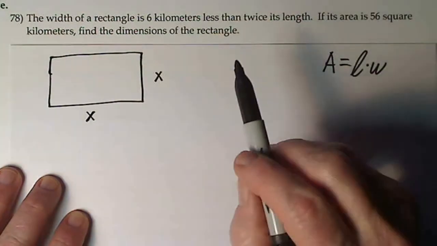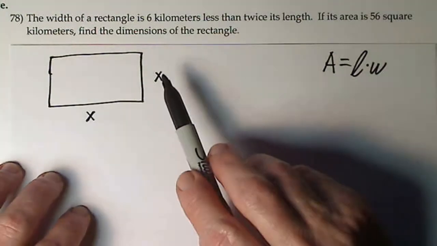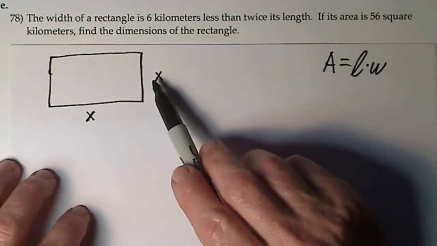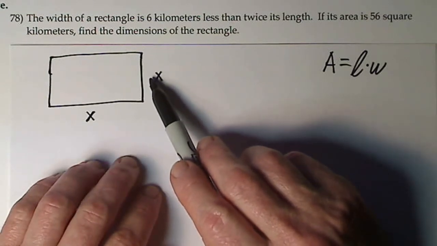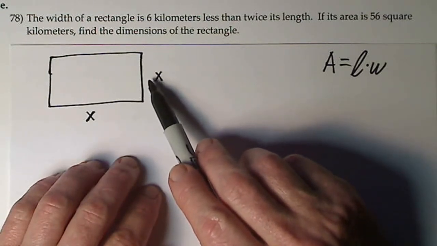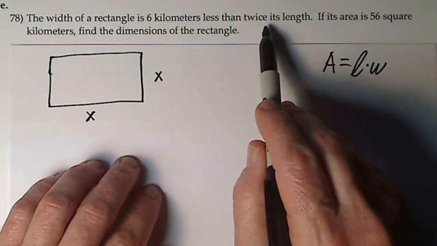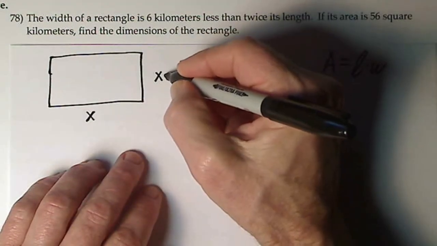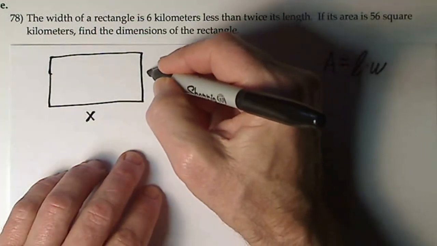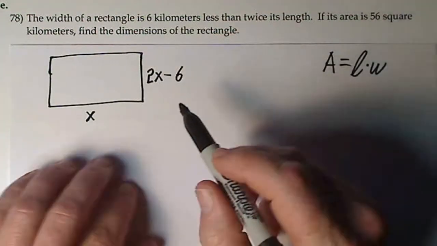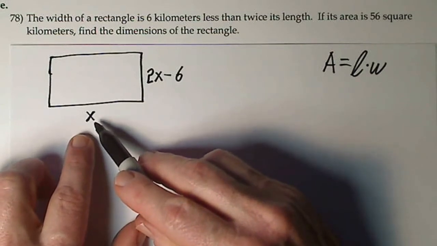And the width is supposed to be the shorter side, so that's where I'm going to put it. The width of a rectangle is 6 less than twice the length. So here's 6 less than twice the length.